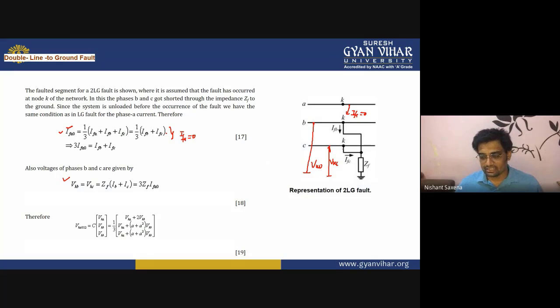VKC is equal to VBC. The current flowing through this ZF is equal to IB plus IC. So I have written that ZF into IB plus IC is equal to 3ZF into IFA0 from this equation.